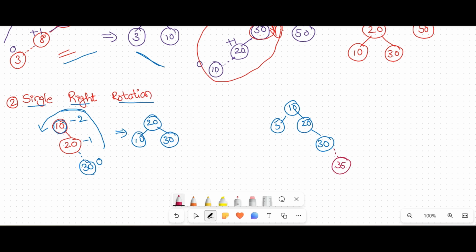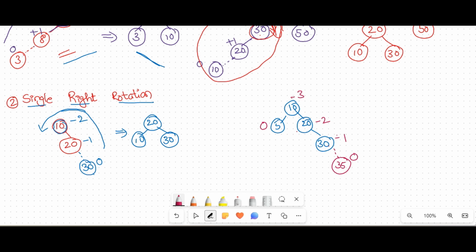After inserting 35, check the balance factor property and find out the balance factors. For the leaf nodes it is 0. For 5 it is 0. For 30 it is minus 1. For 20 it is minus 2. For 10 it is minus 3.